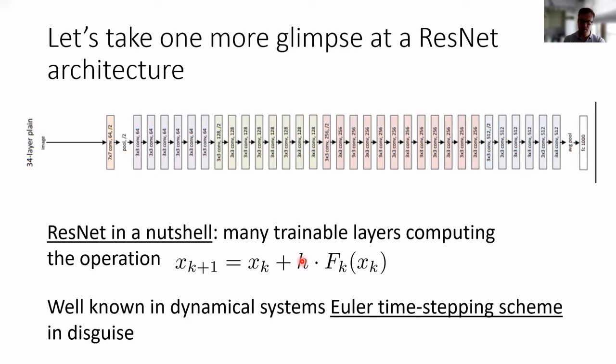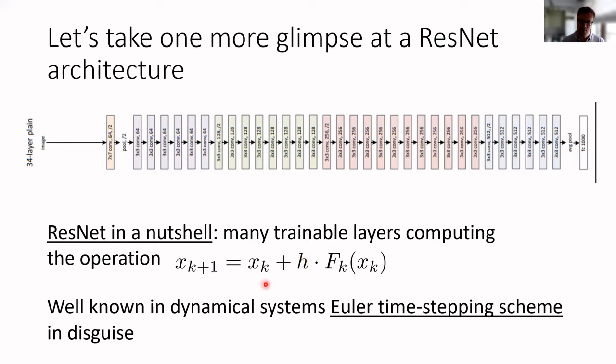So ResNet was a big breakthrough because it was the first architecture which was very deep. It had over 100 layers. It was made possible mainly due to two tricks. The first one is the skip connection.